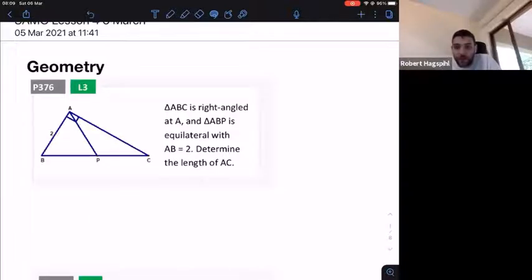But yeah, give this question a bash and put answers into the chat when you get there. Put a question mark in the chat if you want a hint.